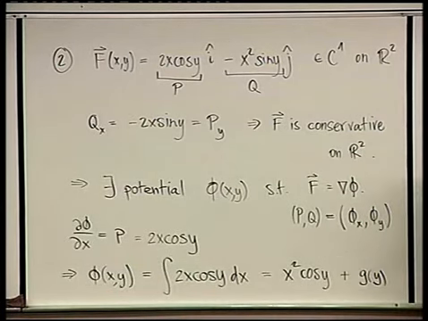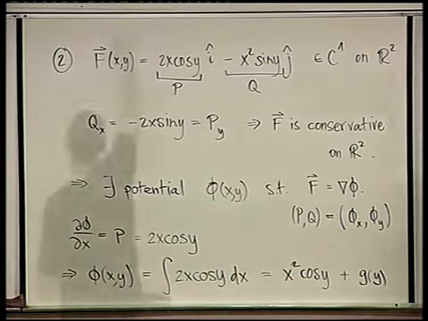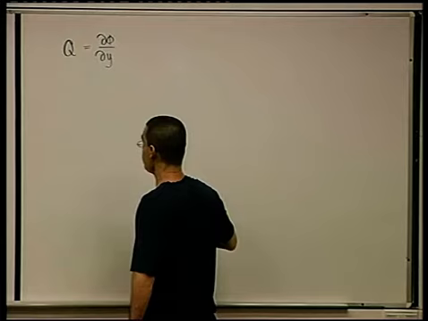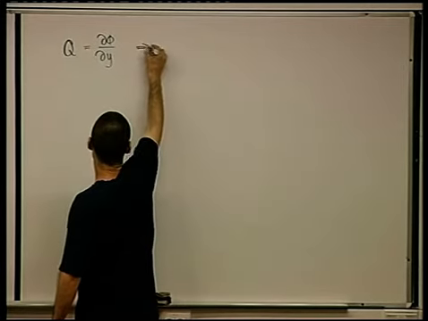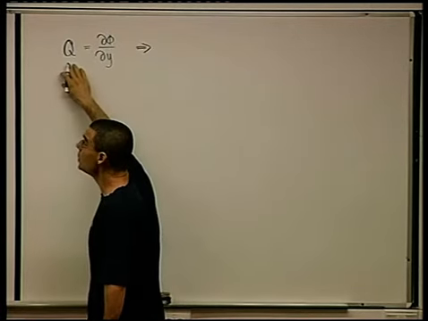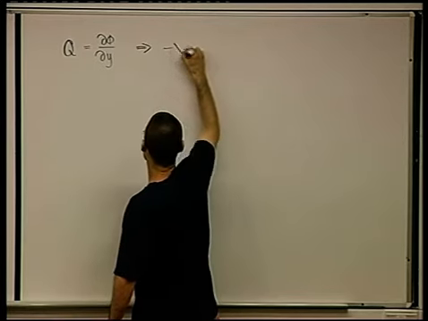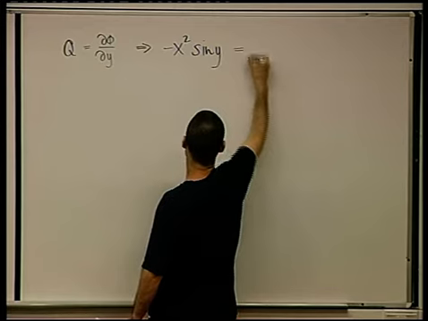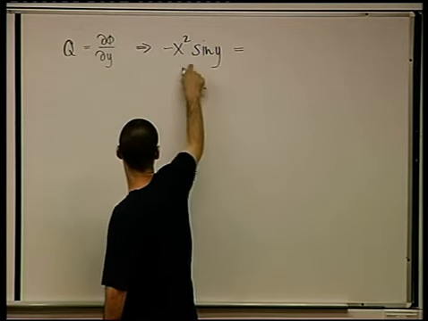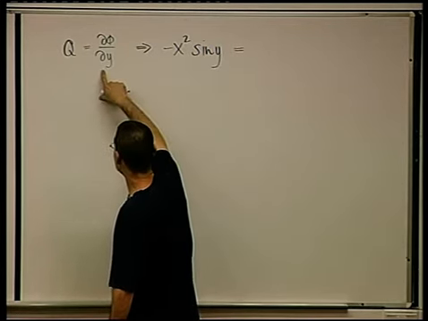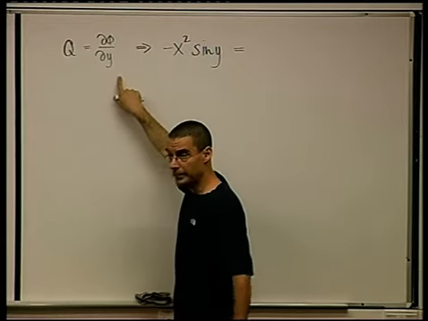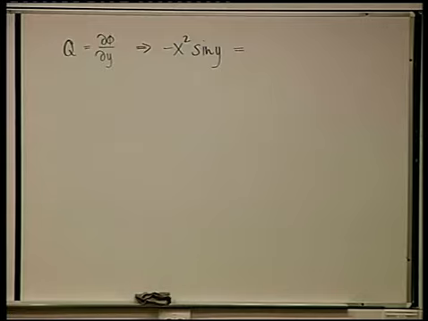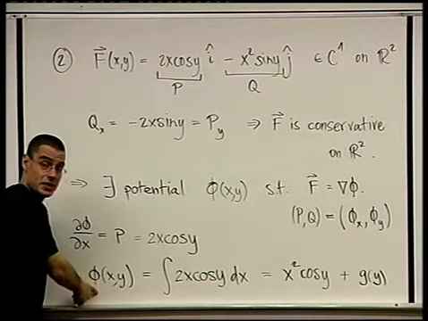So let's write that. Q equals d phi to dy. Therefore, let's write what we know. Q, in our example, was minus x squared sine y. And this has to equal d phi to dy. Okay, so move with me one board back for a second. This was phi. This is the candidate for phi.